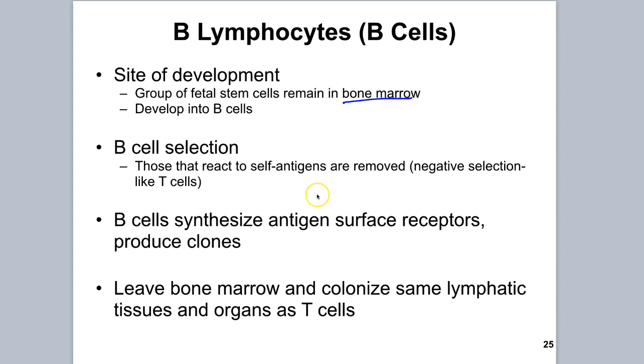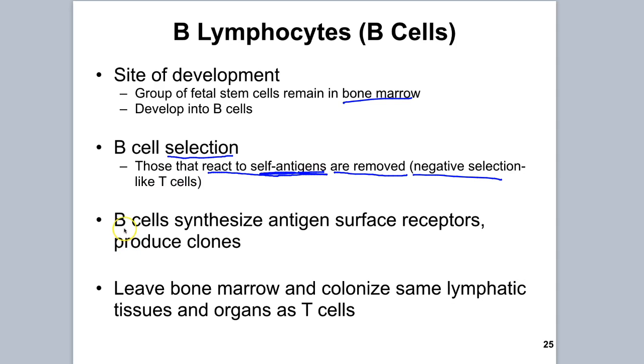And the B cells have a selection process similar to the T cells, with the negative selection test. Any B cells that react to self antigens, to our own host antigens, are going to be removed. They're going to be eliminated because we don't want any B cells that will attack the cells that belong in our body.